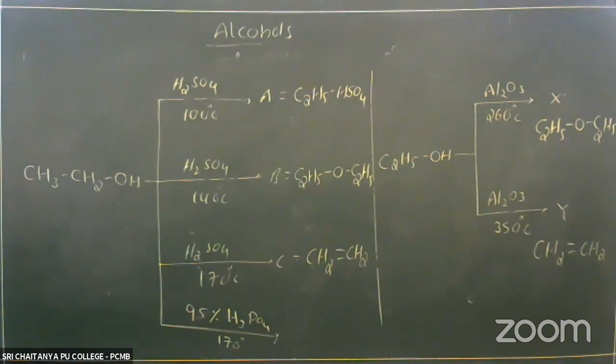Next, suppose in this dehydration reaction, more than one product is possible. Then which is the major product? How to identify which is the major product?